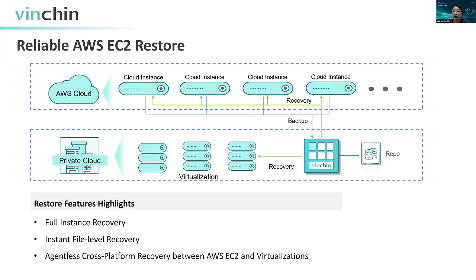And if you want to do cloud offboarding, to migrate AWS EC2 instances from the public cloud to the private cloud, like virtual platforms, Vinchin is capable of doing this in an agentless way. We support migrating the instance to virtual machines on more than 15 mainstream virtualization platforms.